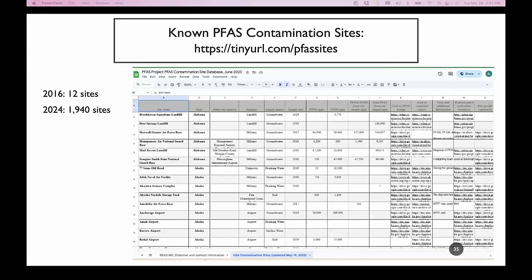This would include things like military facilities that had used fluorinated AFFF, or industrial facilities that had released PFAS into the environment, fire training facilities, wastewater treatment plants with measurable PFAS levels. So these are all known places where PFAS has been measured and can be linked to a particular source.